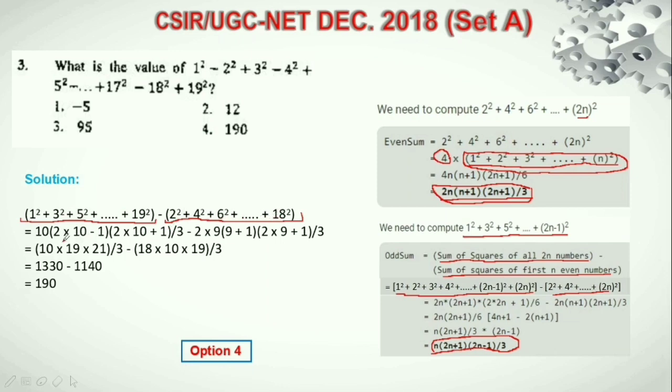So accordingly we put n equal to 10 for the odd sum and n equal to 9 for the even sum, and we further solve these terms, so eventually we will get 190. So option 4 is the correct answer.